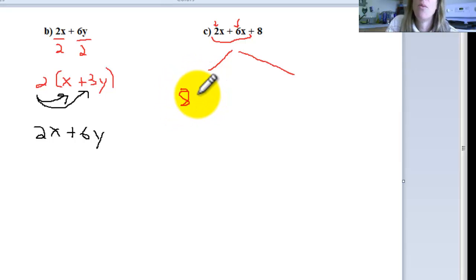Now, the reason that works is because of the distributive property. If you factor out the x between these 2 terms, this is what you're doing really.